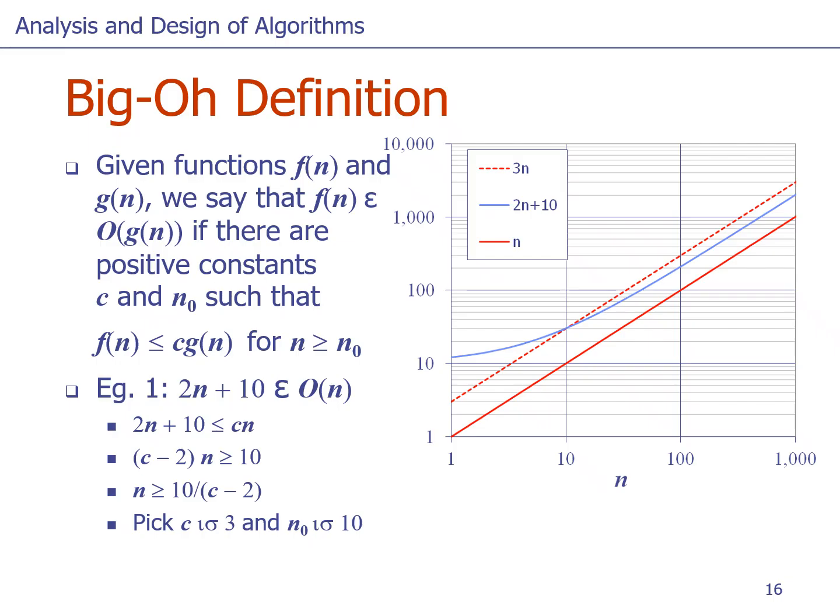I can take the 10 on one side and bring the c and n on the other side, and then I resolve with the 2n, and ultimately I find my answer, which is to pick c to be 3 and n naught to be 10. Okay? We will see more than one way to actually compute this, but I want you first to digest the essence of big O formulae.